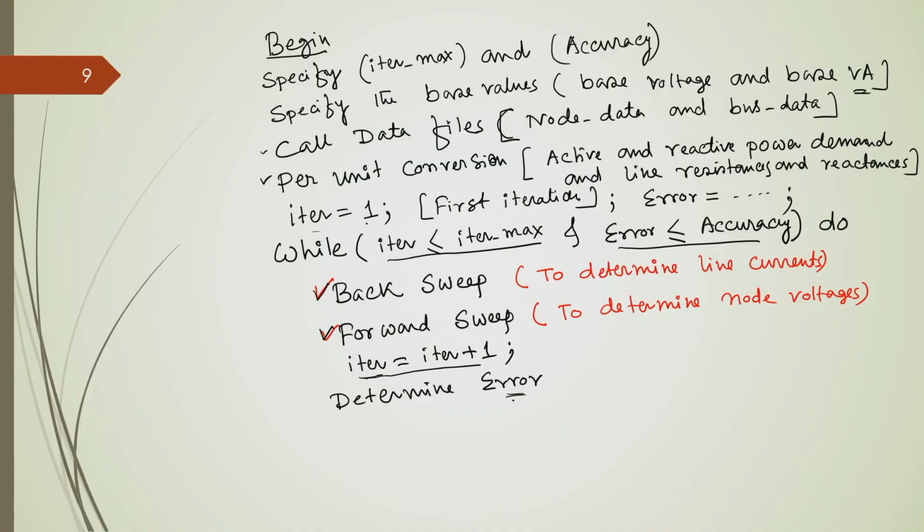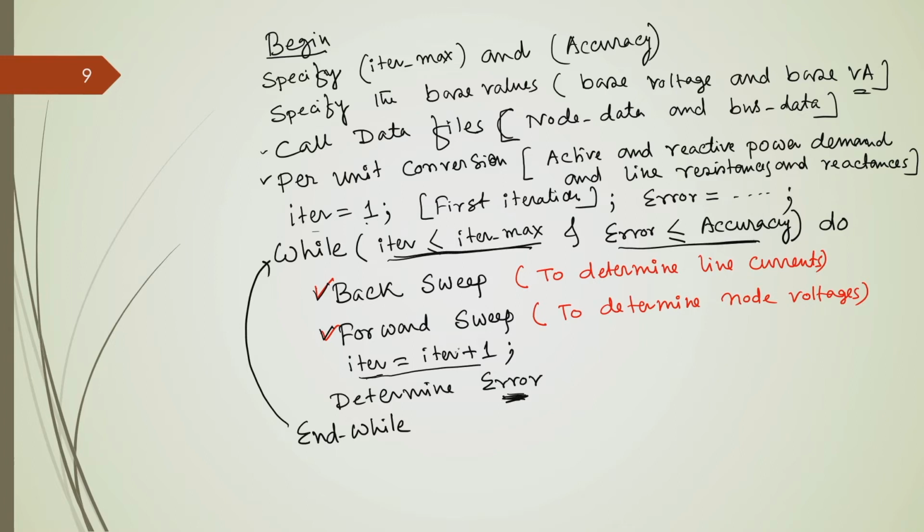Okay. So, once you get this determination of error, we will make this end while, and again it will go back to the loop. It will check the two conditions: whether the error goes below the accuracy, or whether ITR is less than or equal to ITR max.